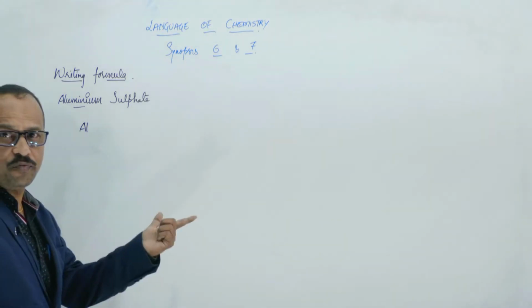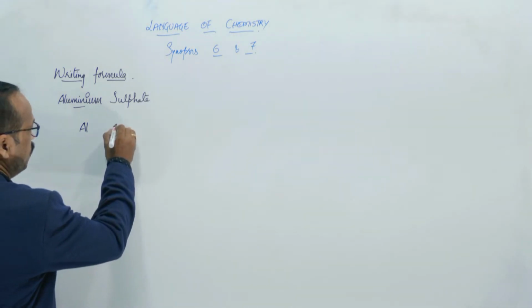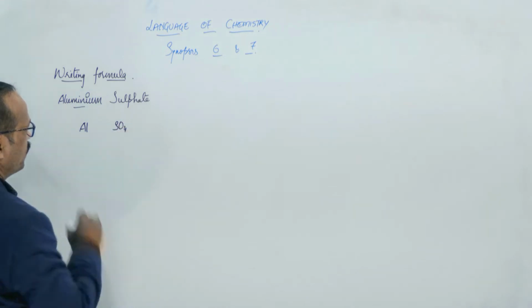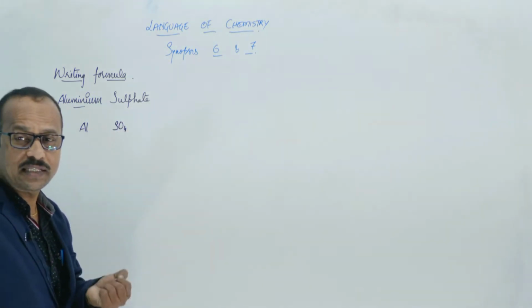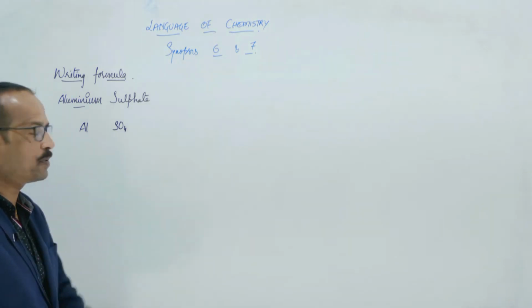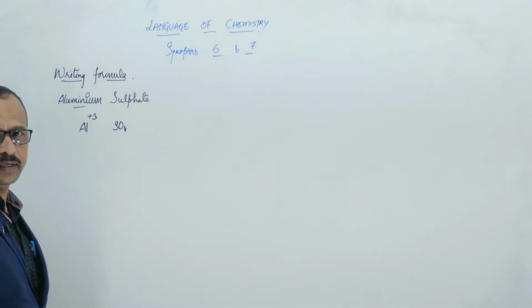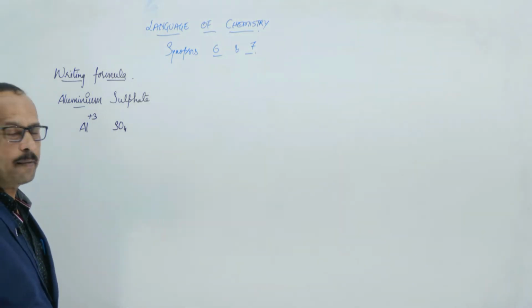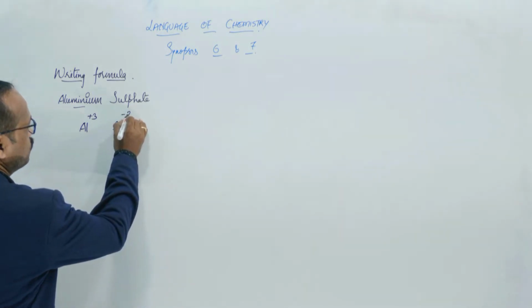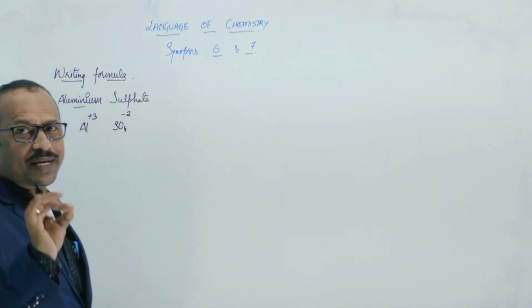Sulfate, what is the formula of sulfate? Very good, SO4. What is the valency of aluminium? You can check in the cations page: aluminium is +3. And sulfate is -2. Now we are using the method called crisscross.